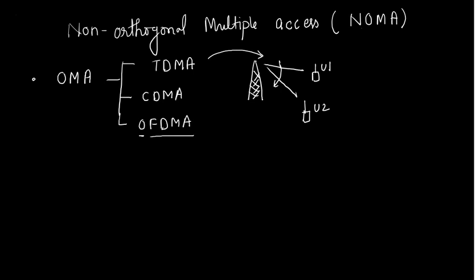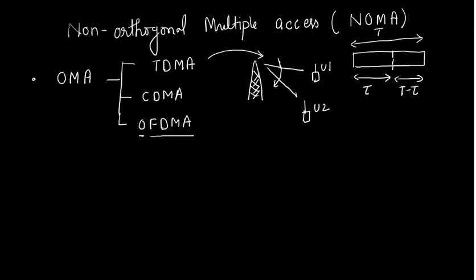If we particularly talk about TDMA, if this is the total time interval allocated to the base station to transmit information to U1 and U2, it will transmit information for some fraction of time to U1, and for the other fraction, t minus tau, if t is the total time. So for tau time it will transmit data to U1, and for t minus tau it will transmit data to U2. This is called TDMA, meaning both users are differentiated, or the data is transmitted to user U1 and user 2 in different time slots.